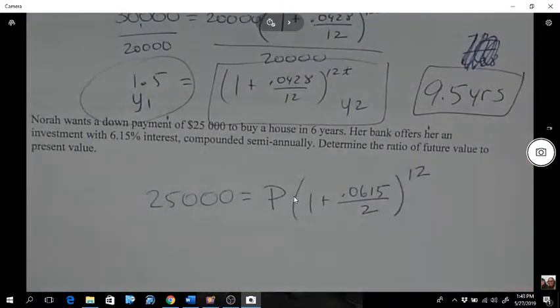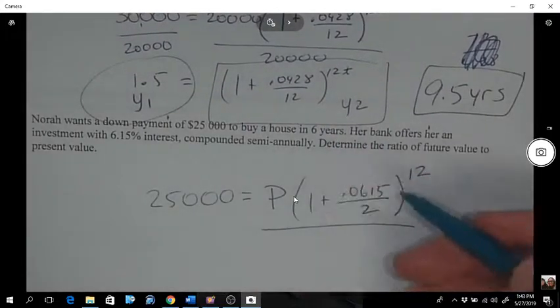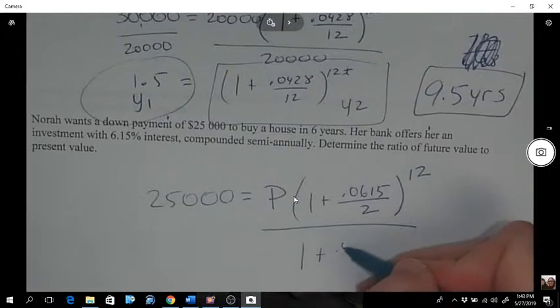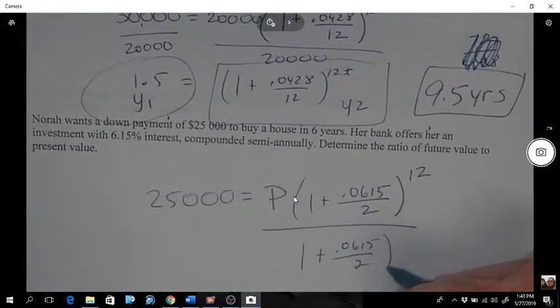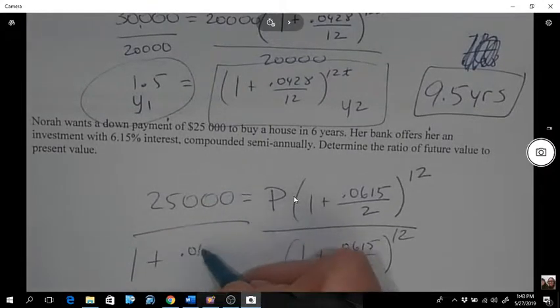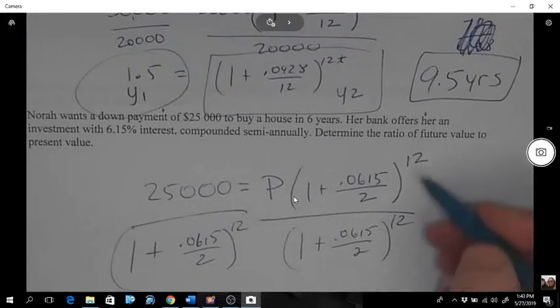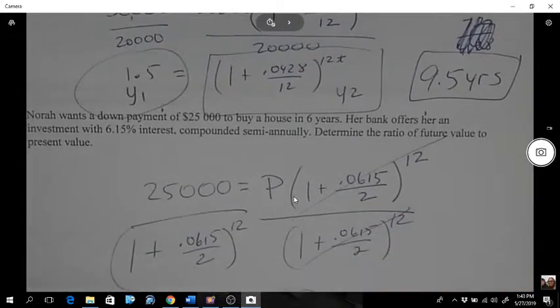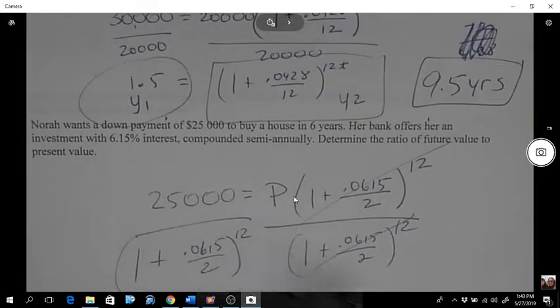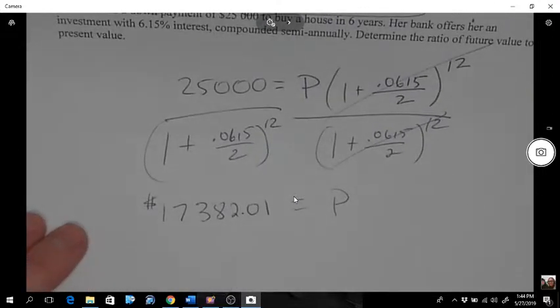And this is going to be a 12 up there because of the 2 times 6. Okay, so I'm going to divide each side. Okay, and we end up with our principal. So that is 17,382.01. Once you type that into your calculator.